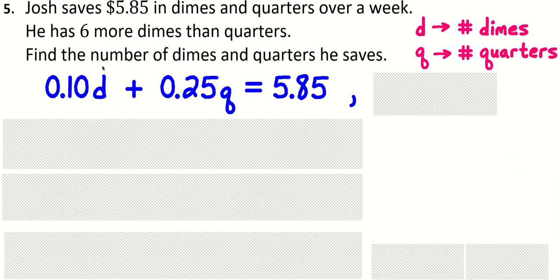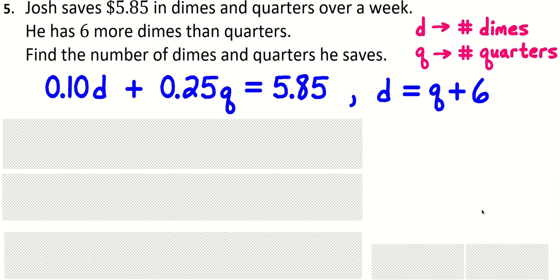So here's what we have to do. This other piece of information, the fact that there are 6 more dimes than quarters, if we're being thorough and writing everything out, gives another equation that can be written with D and Q, and it's this one.